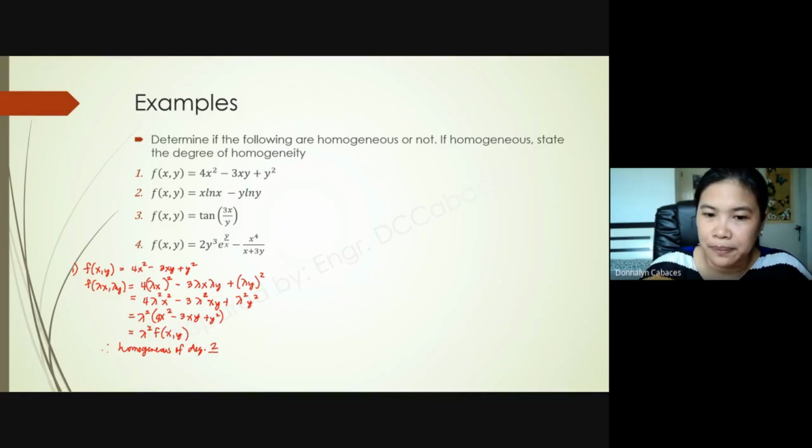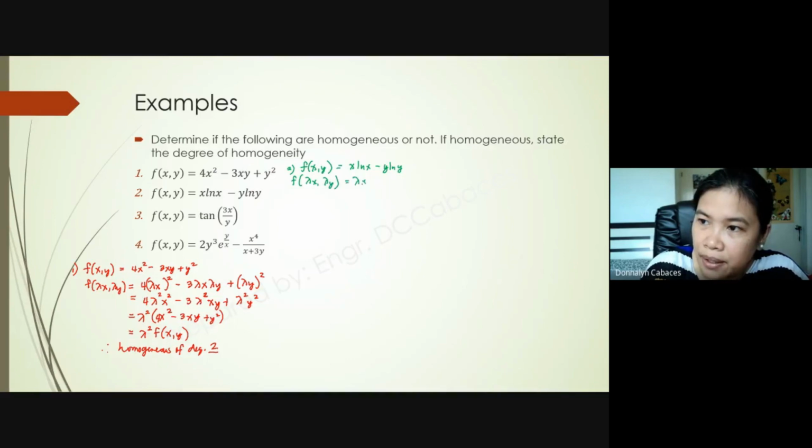Okay, number 2 problem. Determine whether the function of xy is equal to x ln of x minus y ln of y. So taking function of lambda x and lambda y, that is equal to lambda x ln of lambda x minus lambda y ln of lambda y.